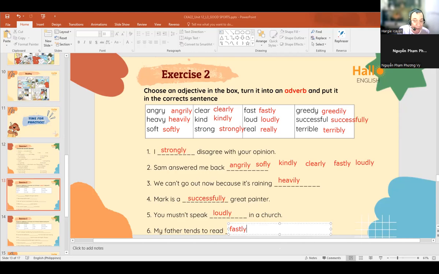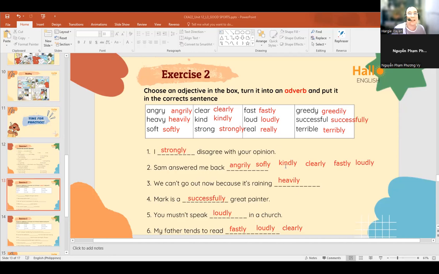Aside from fastly, we can also use some other adverbs in there, like loudly, because in reading, you can also read loudly, right, V? Then aside from that, you can also read clearly. So we can also use the word clearly if you read the text or the story clearly. Did you understand now, V?